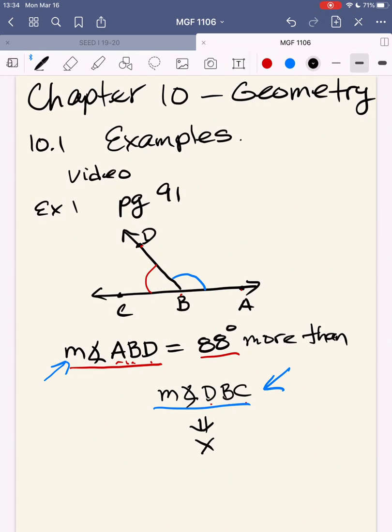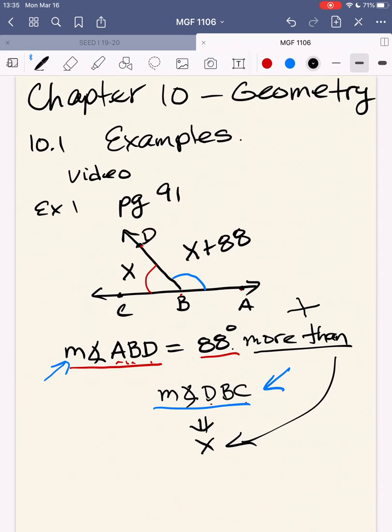And ABD is 88 degrees more than this one, and more than is addition, so it's X plus 88 degrees.